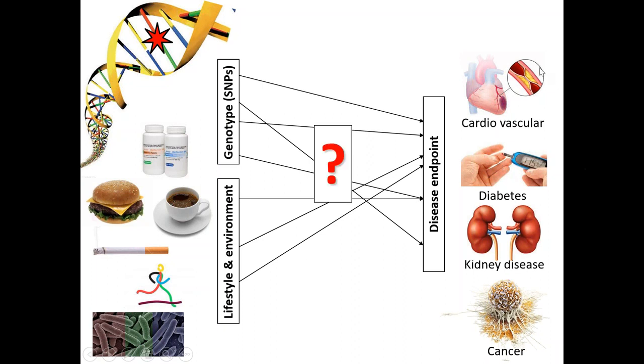However, the problem is that all these complex disorders have very small effect sizes if you look at the link between the causative factors and the endpoint, for different reasons. So it's pretty difficult to find out the role of all these different factors in the etiology of complex disorders.